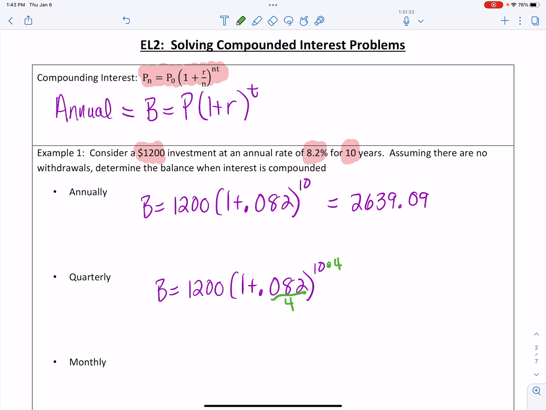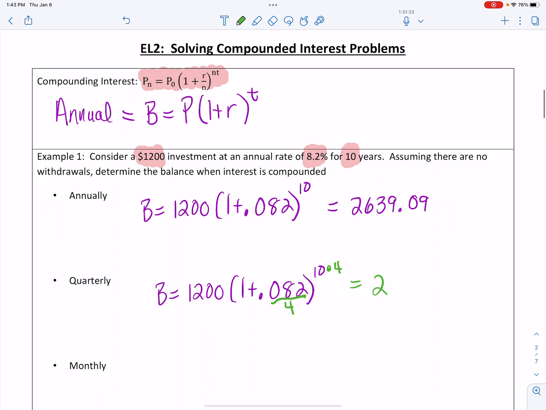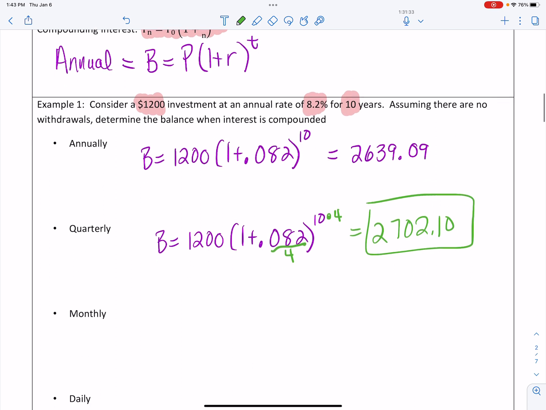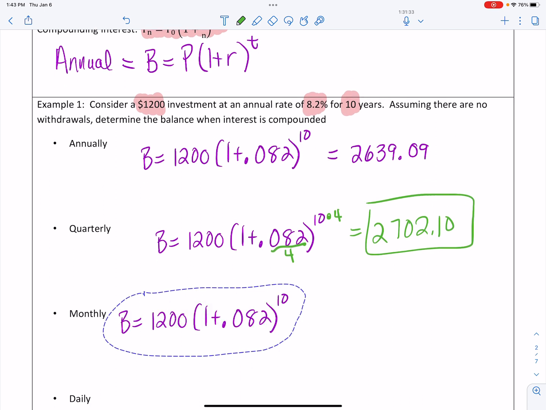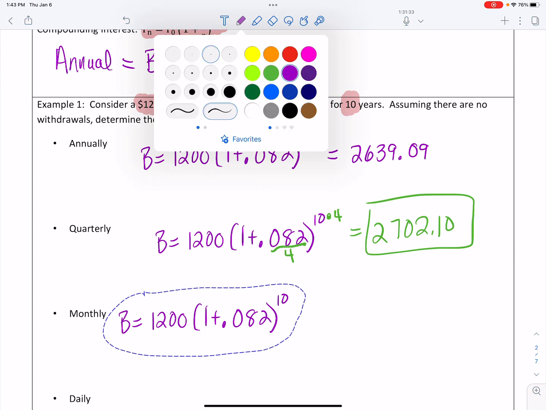And if you do it 4 times in a year, you're going to end up doing it 40 times in 10 years. So I'm typing that in, 1 plus 0.082 divided by 4, to the 40th, 4 times 10. And my answer was 2,702.10, so 10 cents.